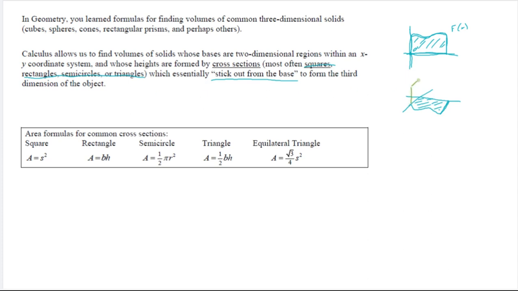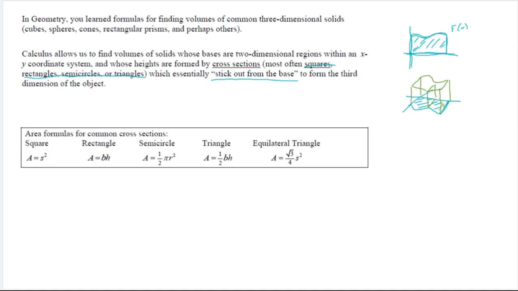And so if we were looking at something that was a rectangular shape, then everywhere this would create a rectangular shape, or a square shape, or a semicircle, or whatever it is. But it would have this shape that went into it that was coming up or out of this base.